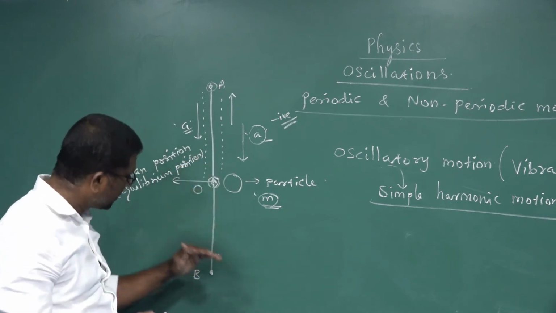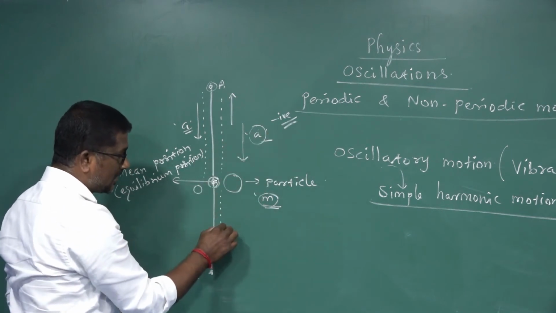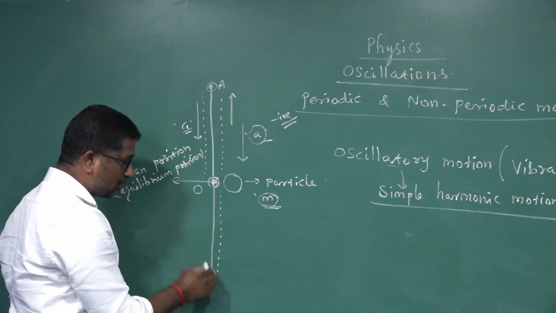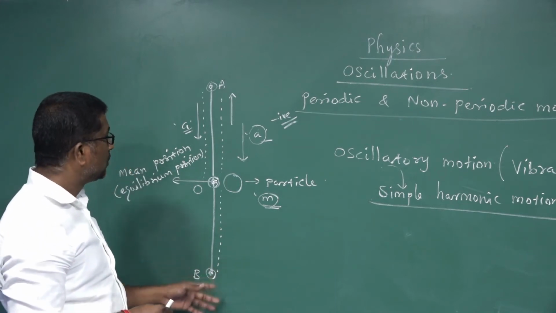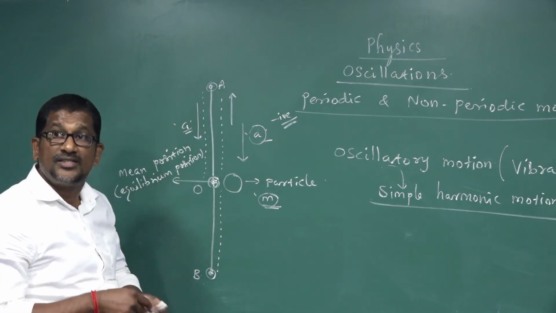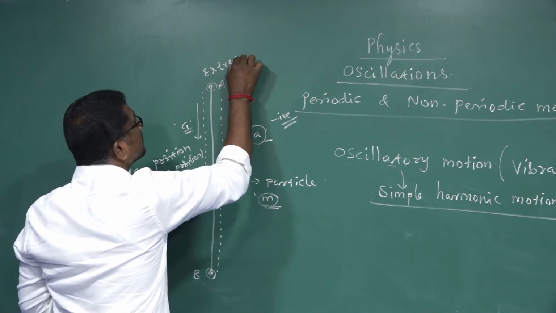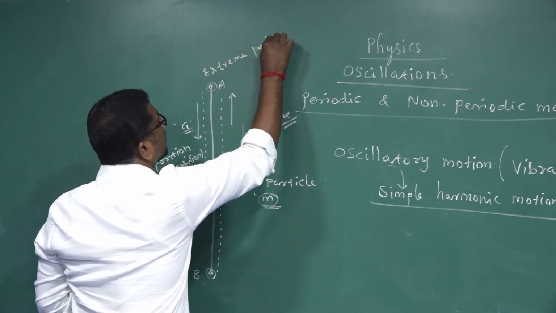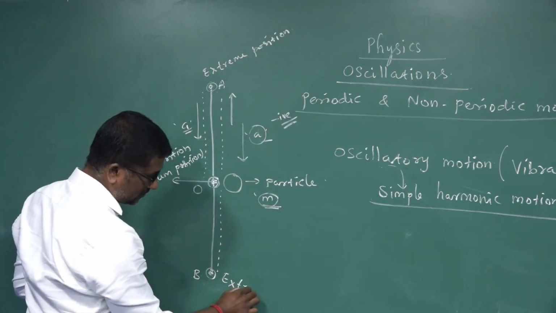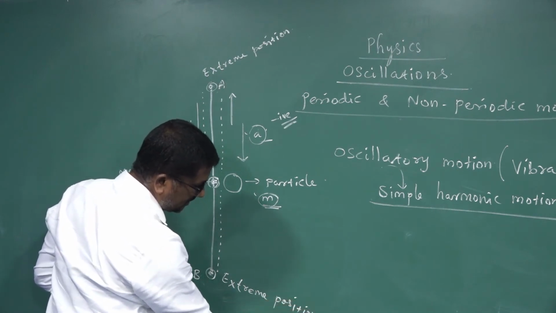On the other side, the particle moves from O to B. Again, the velocity of the particle gradually decreases and becomes 0 at point B. The position where the velocity of the particle is 0 is called the extreme position. B is also an extreme position.